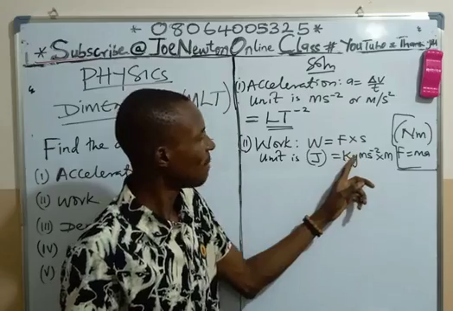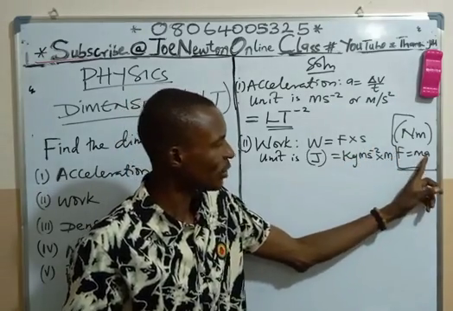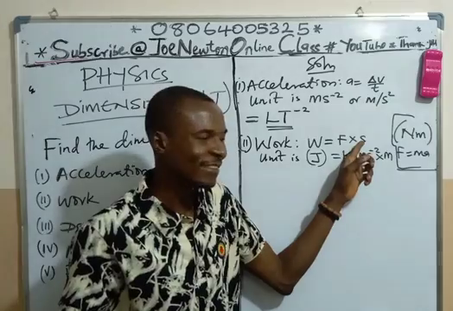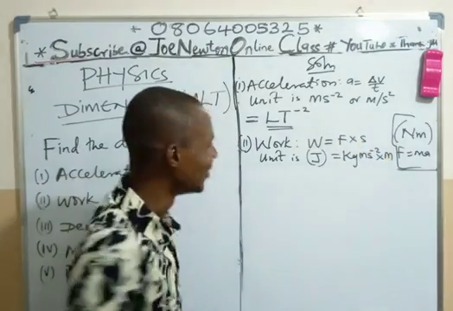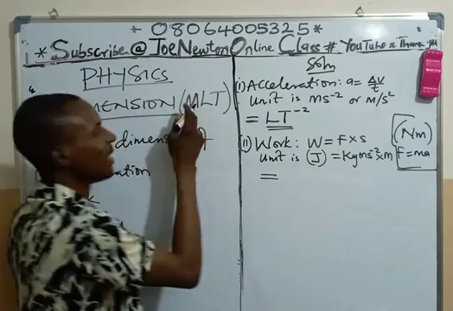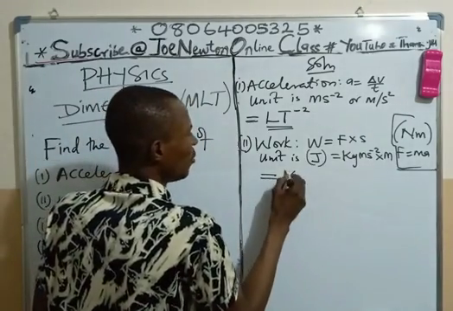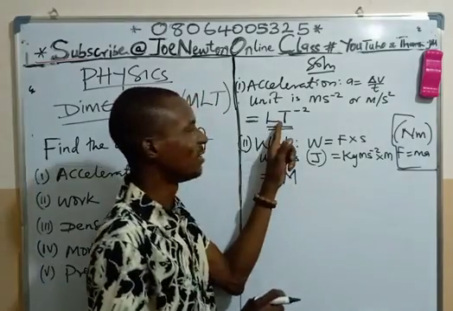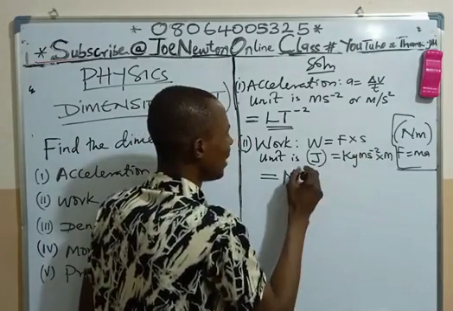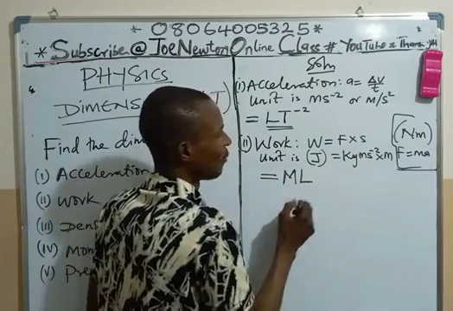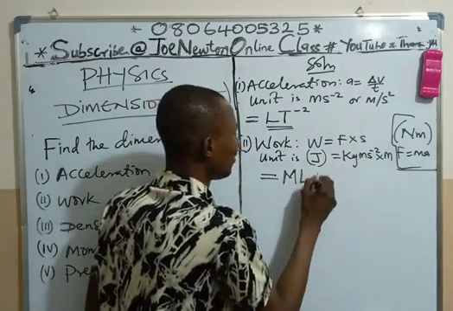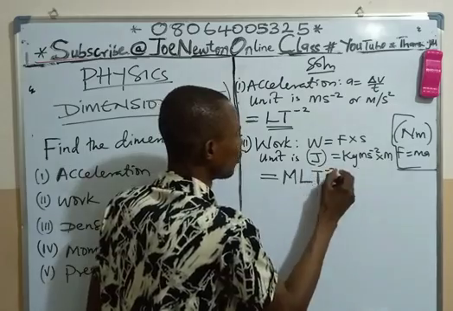So force is kilogram meter per second square, because force is mass times acceleration, the mass is kilogram and acceleration is meter per second square. Then there's distance here, which is meter. From this, the kilogram is for mass, which is this M. You must use capital letters for that dimensioning, like I did here, uppercase letters. Then the meter here is for length. Per second square means T raised to power minus 2.